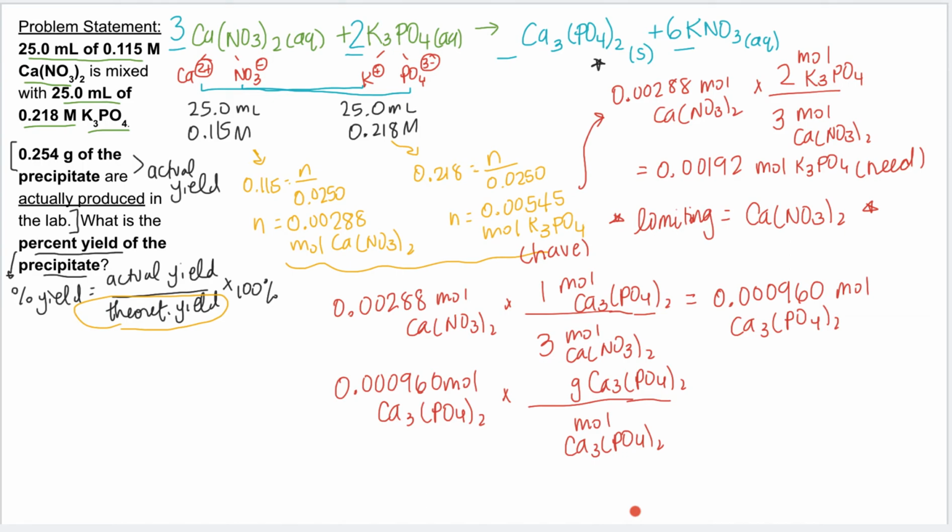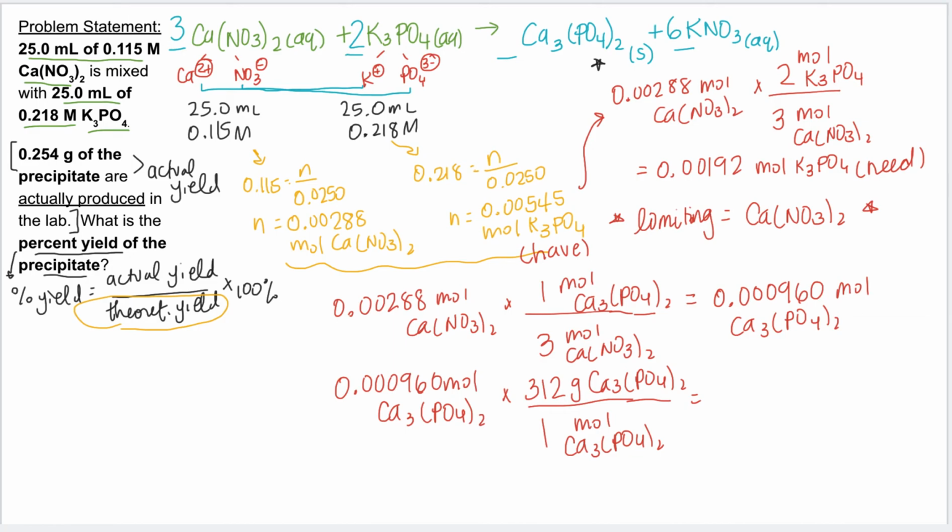I'm going to add that together. And I may have rounded slightly differently than you, but I got just about 312 grams per mole. I may have been a little bit lazy there, but we're going to go with that molar mass, about 312 grams per 1 mole for the molar mass of calcium phosphate.